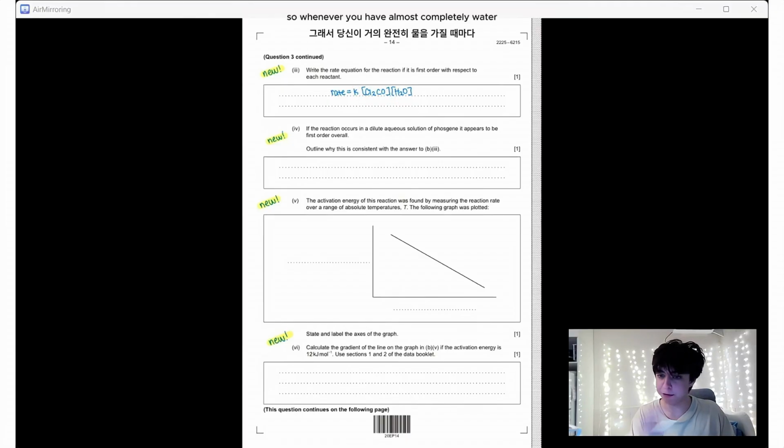So whenever you have almost completely water, water then becomes constant. And so that means the rate equation ends up just being k times the concentration of phosgene, because the concentration of water is now constant. It's just absorbed into the rate constant because it's staying the same the whole time, no matter what. It's just a very large number.